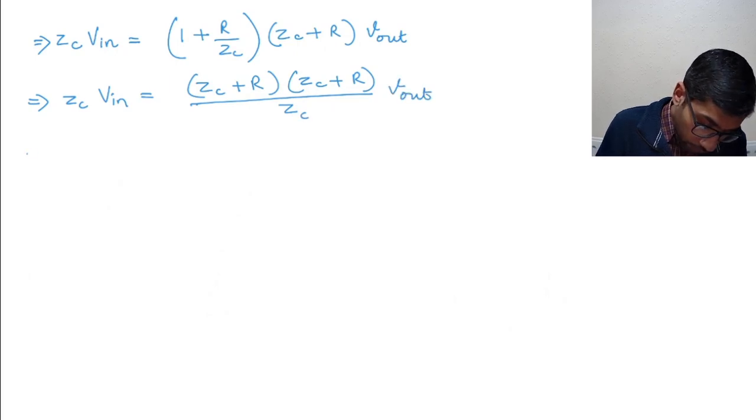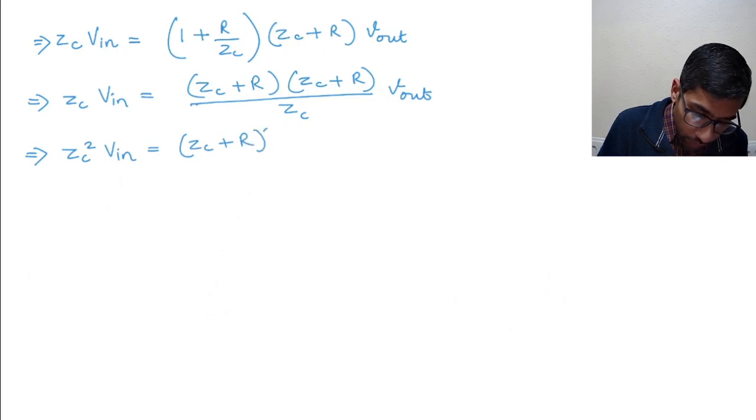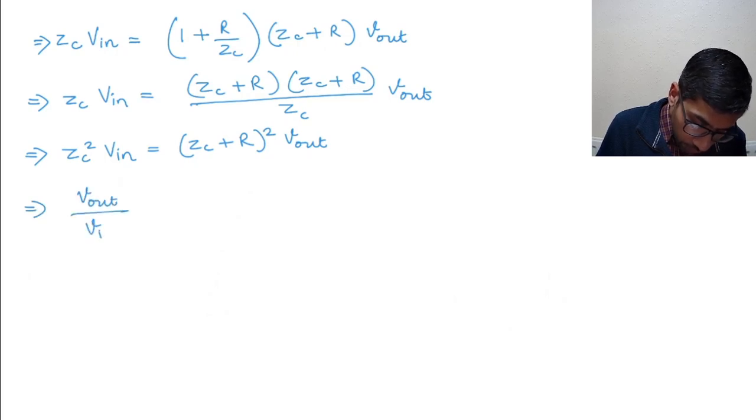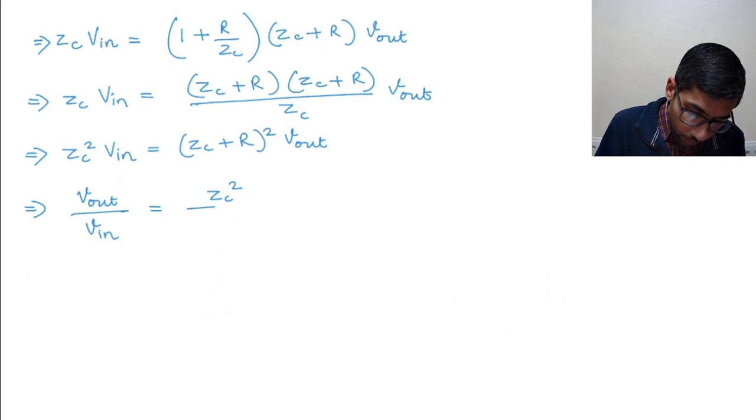Okay, and this becomes Zc square V in equal to Zc plus R whole square V out. So what is this V out over V in? V out over V in is given by Zc square by Zc plus R whole square.